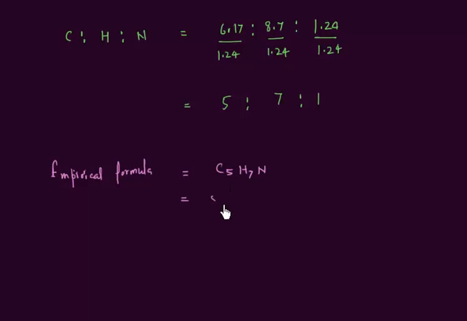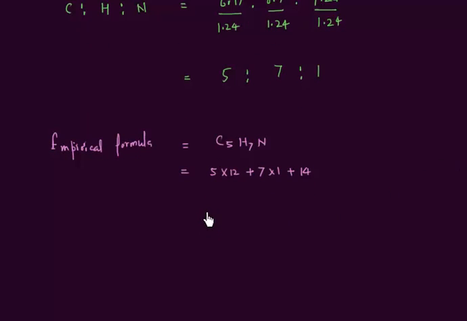There are 5 carbon, that's why 5 multiplied by 12, plus there are 7 hydrogen and atomic mass of hydrogen is 1, plus nitrogen has 14 atomic mass. Now we can do the calculation. 12 times 5 is 60 and here we have 7 and here we have 14.